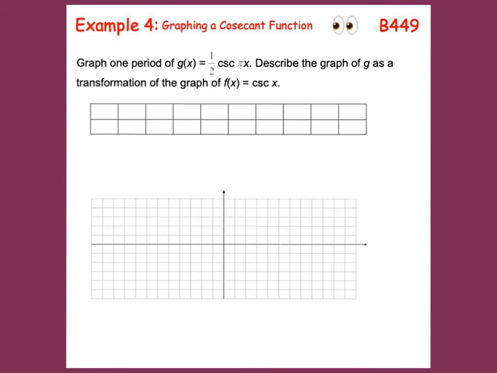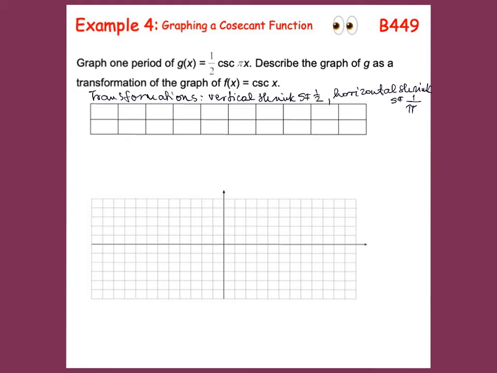So let's graph a cosecant function also. So this cosecant function says 1/2 cosecant of pi times x. So the transformations are a vertical shrink by a scale factor of 1/2 and a horizontal shrink by a scale factor of 1 over pi.